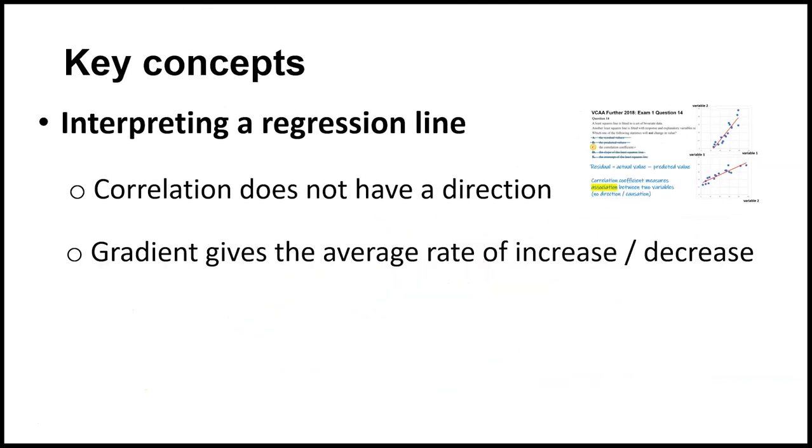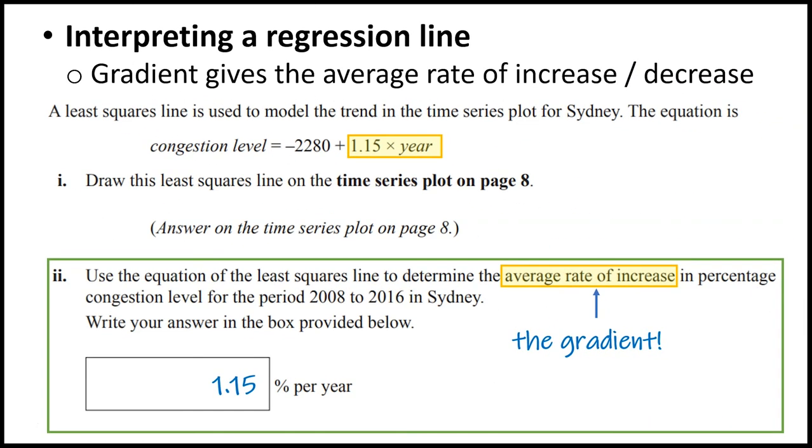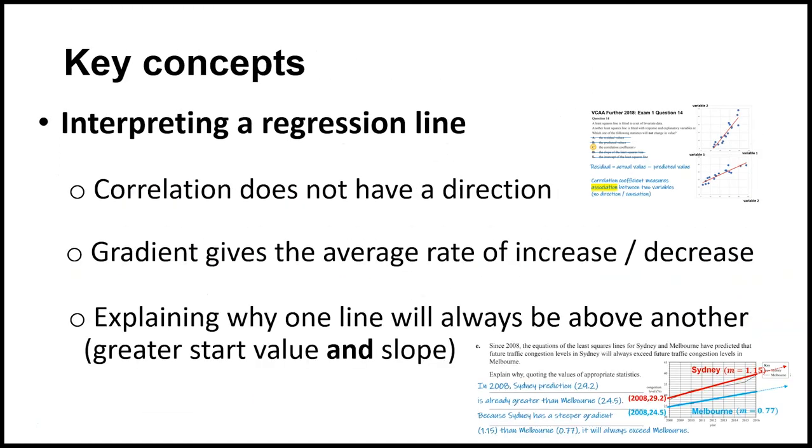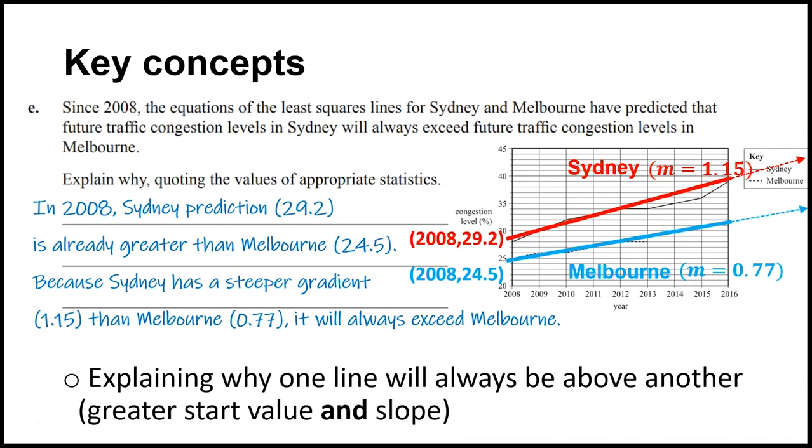The next one was about the gradient, giving the average rate of increase or decrease. So if a question is asking about the average rate, then you're looking for the gradient there. And finally, on this worded question about why one line would always be above one another, we had to explain that not only did it have a greater slope, but it also had a greater starting value.